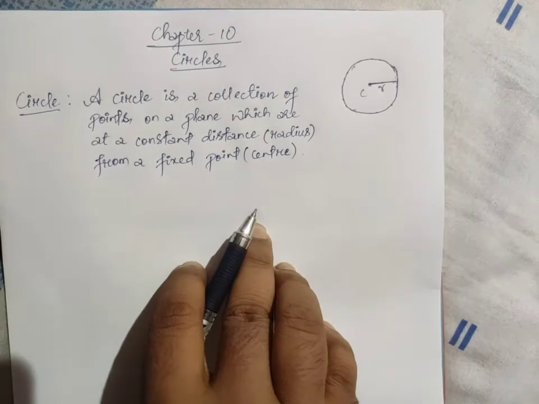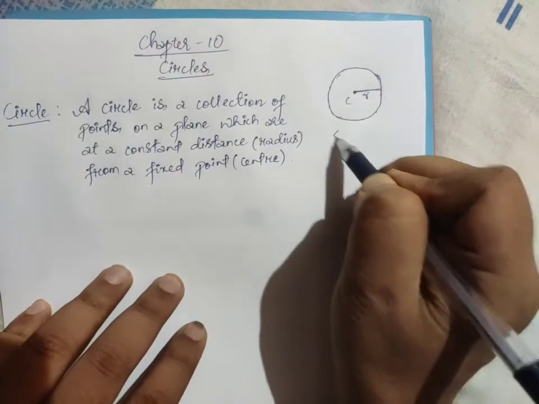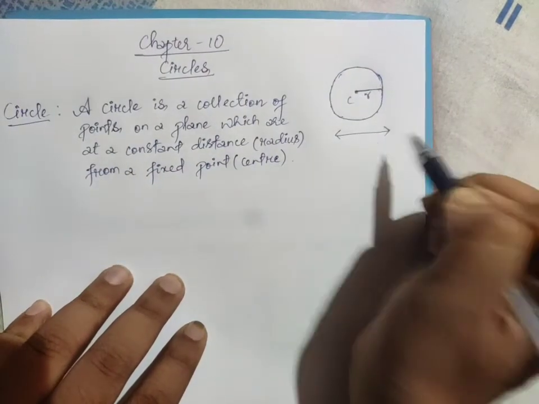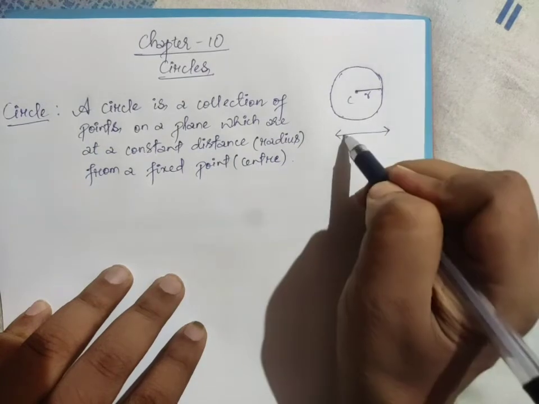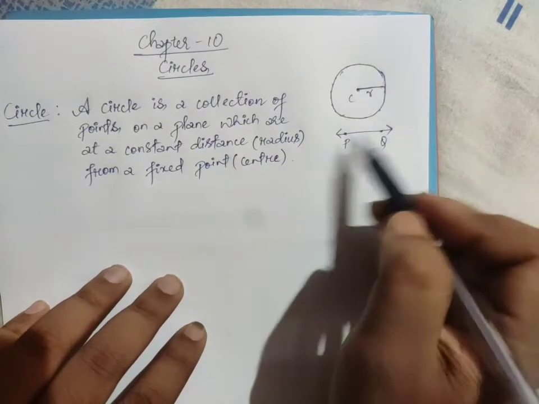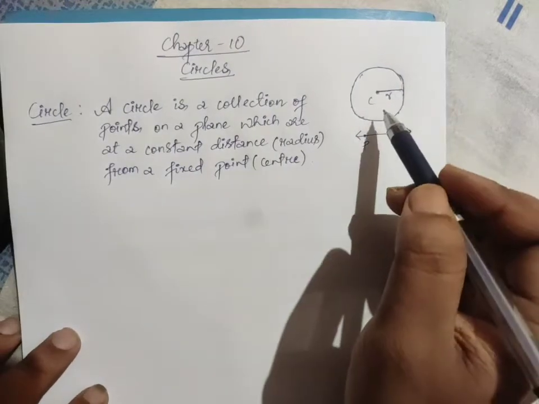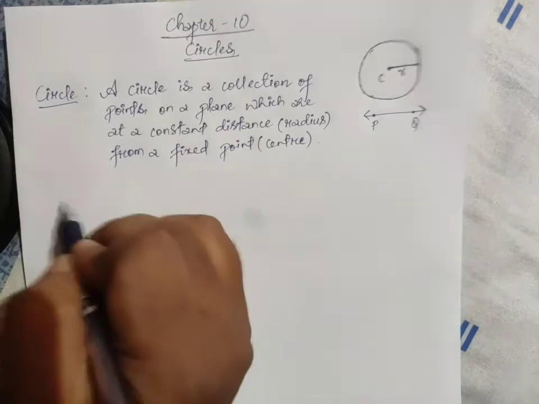Now let us understand the relation between a circle and a line. This is a circle, and suppose this is the line segment PQ. There can be different possibilities, so let us check the first one.